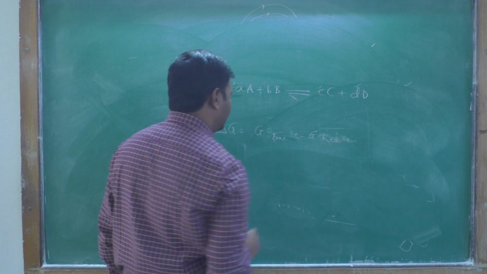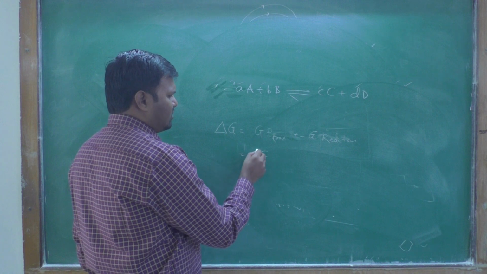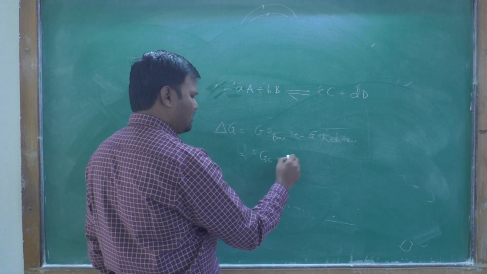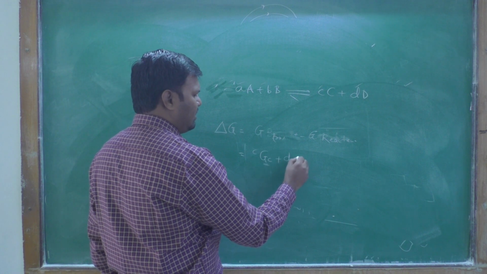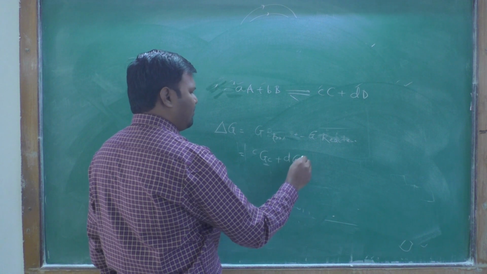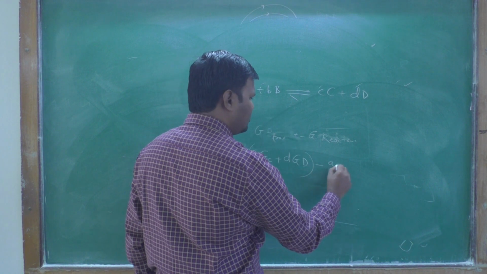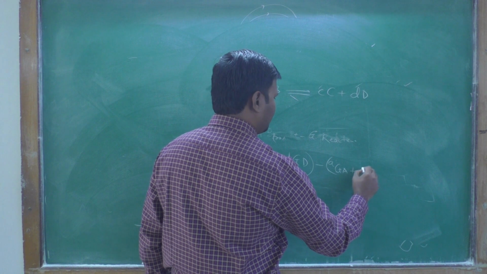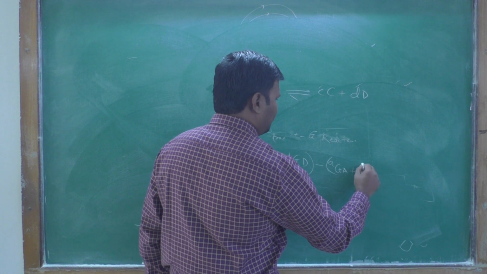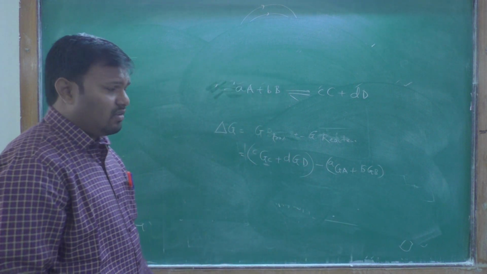Therefore for your product, C plus D, that is your Gibbs free energy GC plus GD, the Gibbs free energy of the product, minus your reactants, A plus B, GA plus GB.